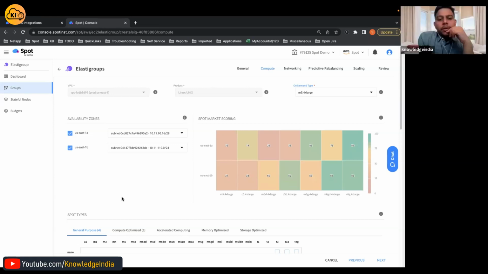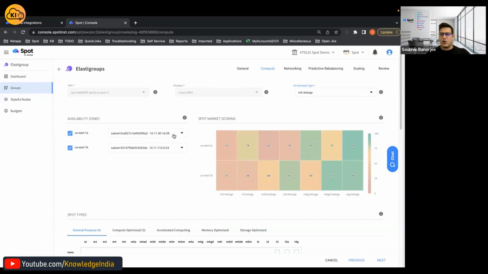That's fine. What I wanted to make clear is that if somebody wants 2 deployments in 2 different regions, they have to define 2 different Elastigroups, as simple as that. That's correct.